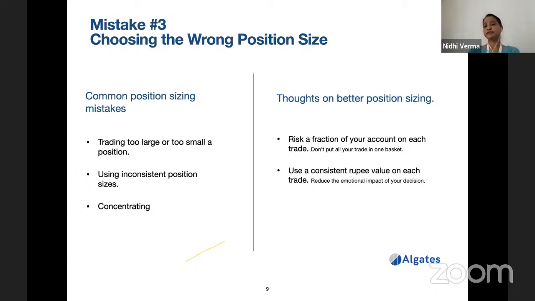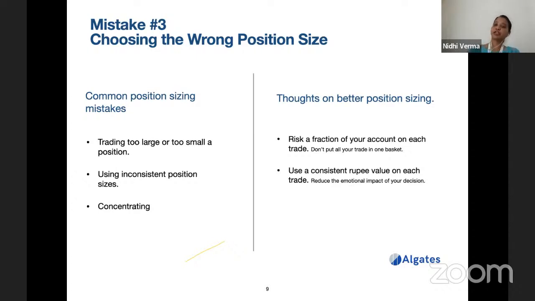A good way to decide it is that you allocate 1 or 2% of your entire capital as risk on a particular trade. You're not going to risk more than that on one trade.